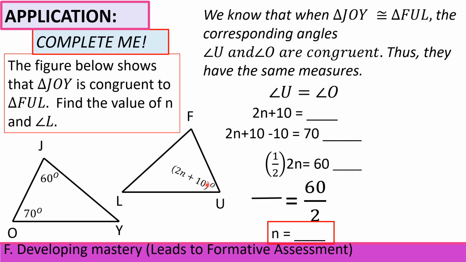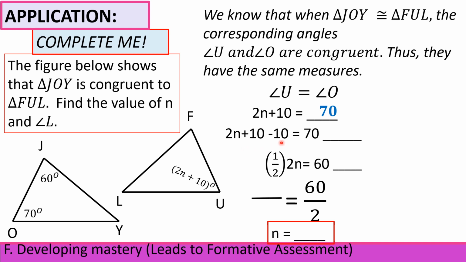So angle U, which is 2n plus 10 degrees, is congruent to angle O, which is 70 degrees.